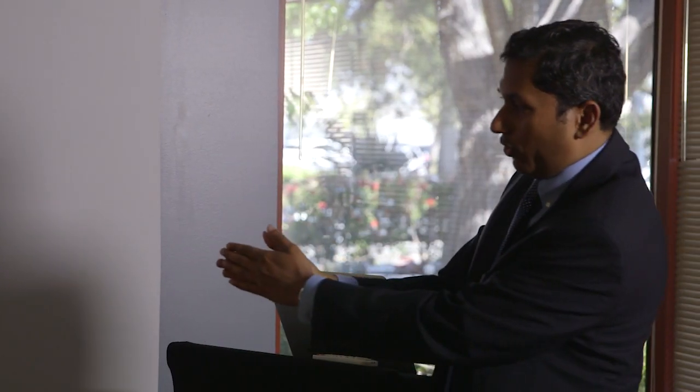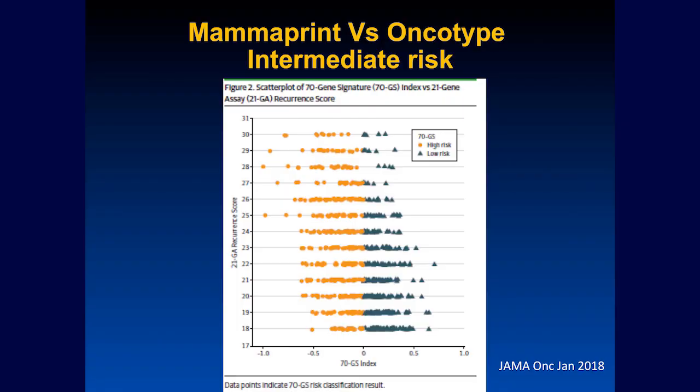That's a 21 gene assay in the intermediate risk. And on the x-axis is the 70 gene assay. The farther the scores, the lower the risk of cancer coming back. On the x-axis to the -1 is actually higher risk of breast cancer coming back. So using this test, the investigators were able to further delineate all those intermediate risk patients into high risk and low risk.